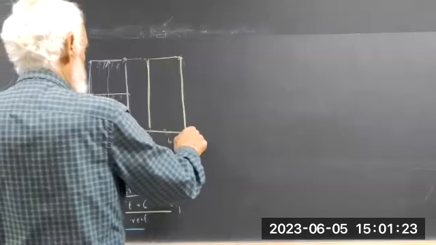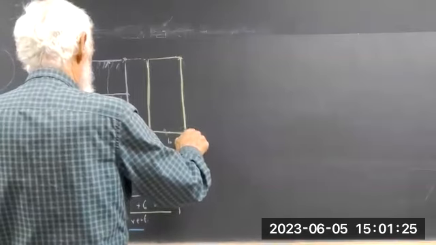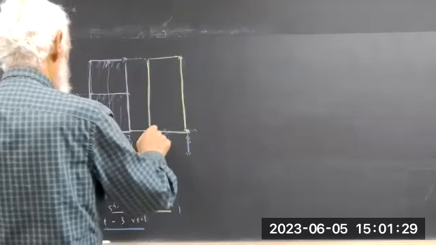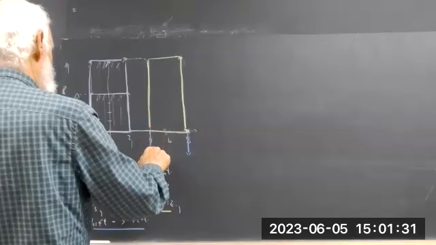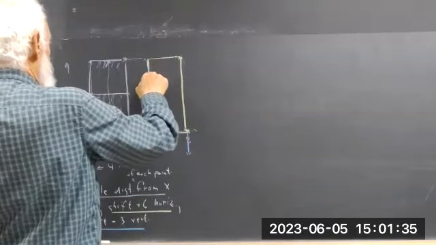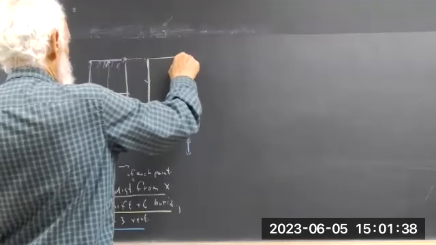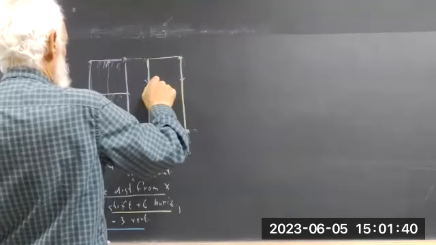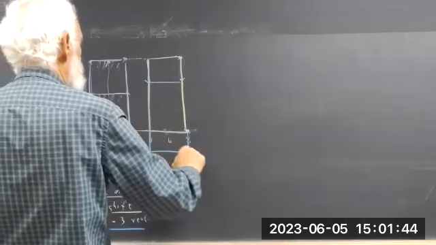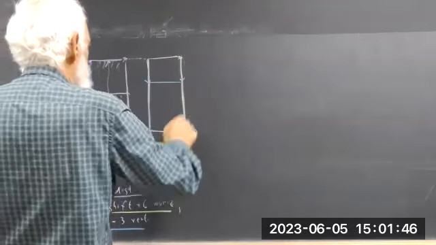So we take this point and move it down 3 units. This point, move it down 3 units. This point, move it down 3 units. This point, move it down 3 units. I'm not being real consistent about my scale here.